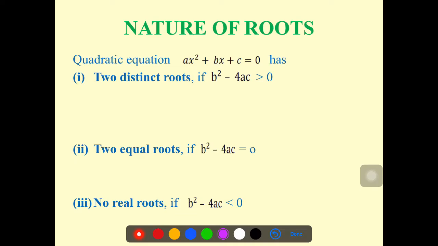Quadratic equation ax square plus bx plus c equal to 0 has two distinct roots if b square minus 4ac is greater than 0. Two distinct roots means two different roots. We know the roots are minus b plus minus root b square minus 4ac by 2a.